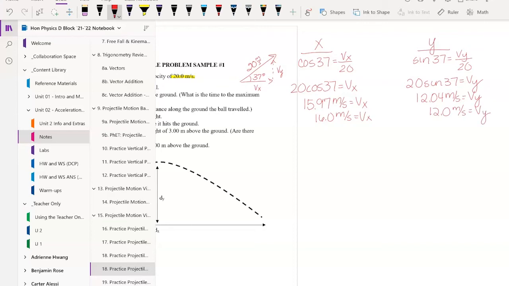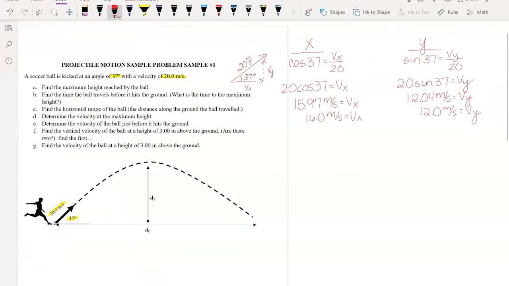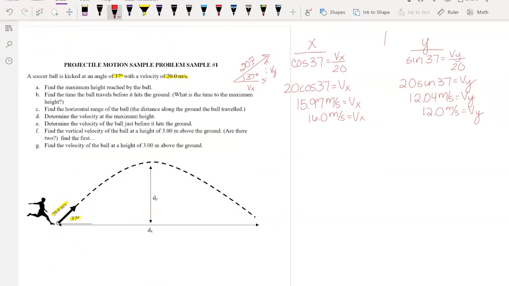So we'll go with 3 sig figs for the velocity in the x and the velocity in the y, to make our lives a little easier. Okay, so we've got the velocities in the x and the y. What else do we know? We do know the acceleration is negative 9.8 meters per second squared. That's important. That's really all we know.